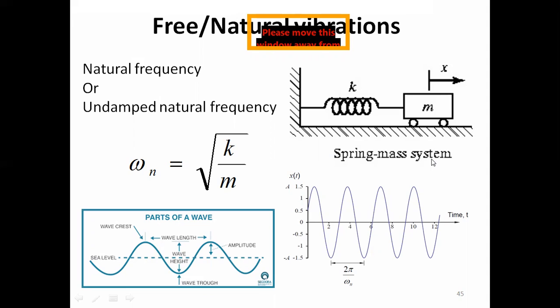Simple harmonic motion is when acceleration is directly proportional to the displacement with a negative sign, and that negative sign means that acceleration is always directed towards the mean position.